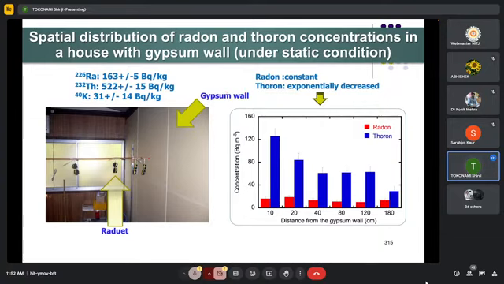We placed the Raduet at different distances from the gypsum wall. Here's the Raduet, and the result. As you can see, the radon concentration, the red one, is stable regardless of the distance from the gypsum wall. On the other hand, thoron concentration varies in space, depending on the distance from the gypsum wall.